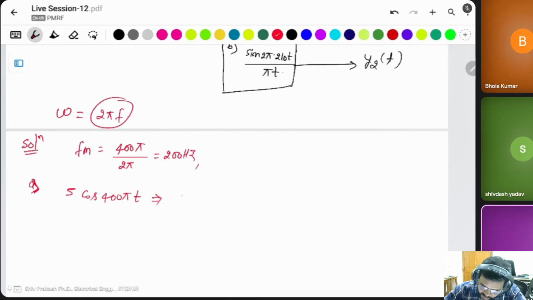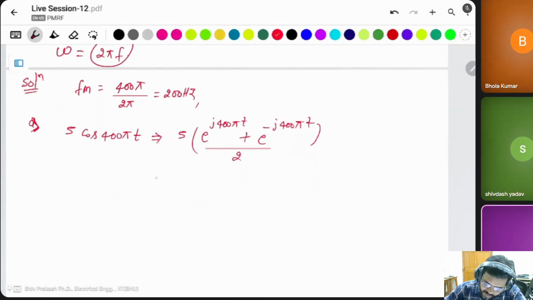This can be written as 5 times e to the power j 400 pi t plus e to the power minus j 400 pi t, divided by 2, or you can write this as 2.5 e to the power j 2 pi into 200 t plus 2.5 e to the power minus j 2 pi into 200 t.